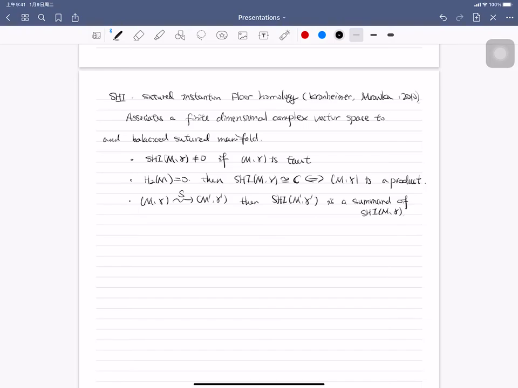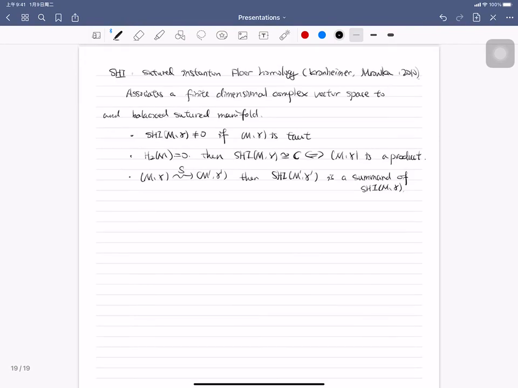So the sutured Instanton Floer homology has many good properties, and they are almost all due to Kronheimer and Mrowka in the same paper, where they introduced it. But how can we use it to bound the depths of Taut foliations? Let's go back to Gabai's original theorem.